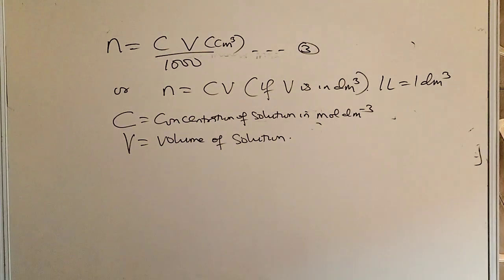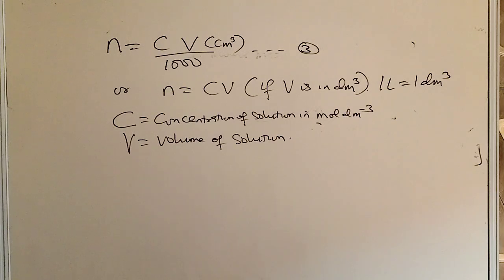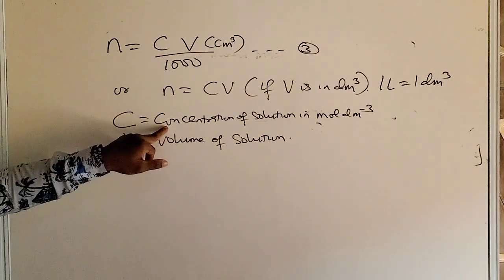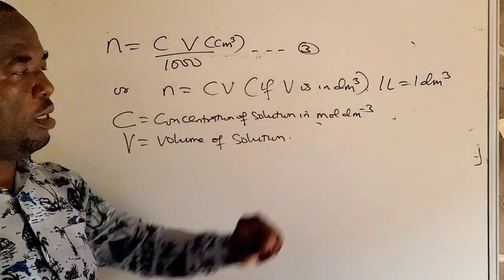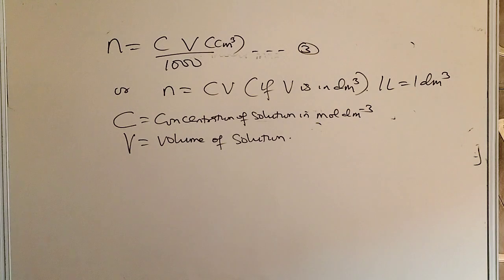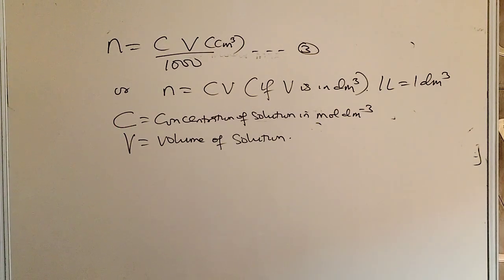Then, when do I apply this formula? It is when we are looking for the number of moles of a substance that is in solution, dissolved in water. C is called concentration with unit mole per dm cube, and V is the volume of solution. Concentration refers to the amount of a substance in 1 dm cube of a solution.